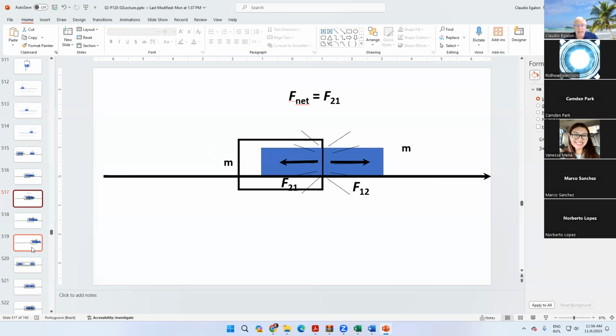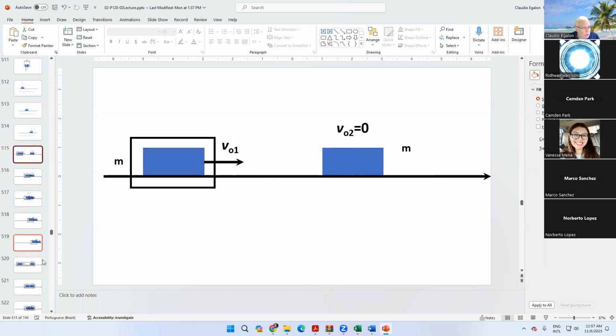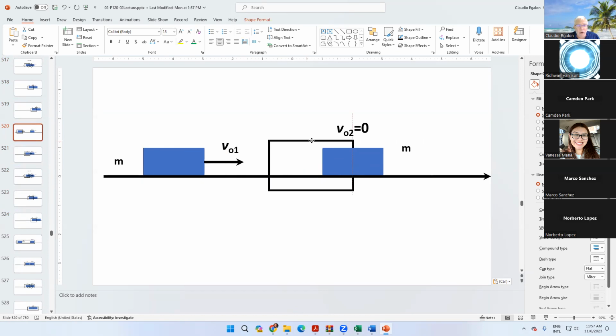Because a force acted on the first object. Similarly, we can tell the same type of story here for the second mass. Now I'm just going to draw the box around this guy. Here's my system.